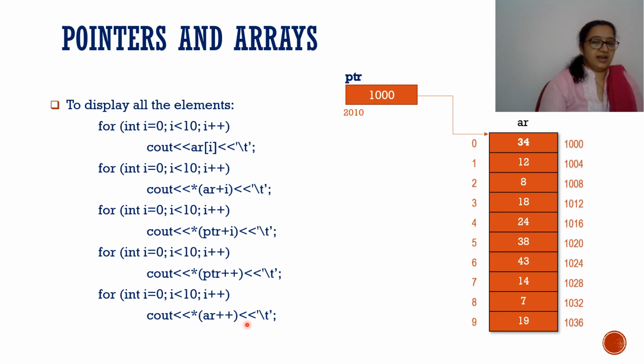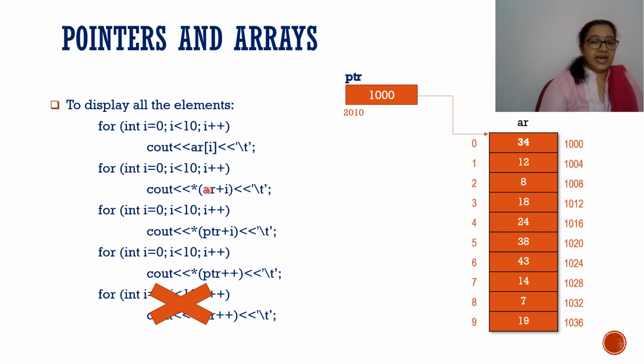Array is an array only. So it can hold only its base address. It can't change the base address. That is important. Okay, so this one is wrong. It is not possible to print all the elements by incrementing, by changing the base address.